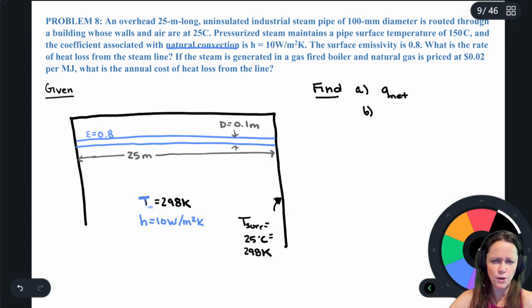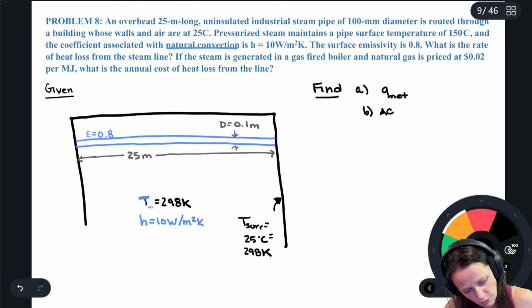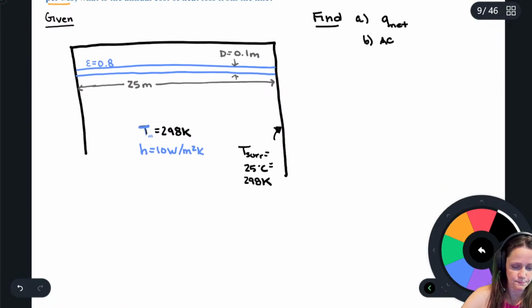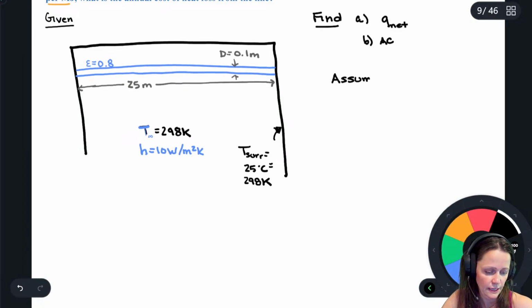Okay, and then I want to know what's the annual cost of the heat loss from the line. So I'm going to call this B, and I'll just underline some things here rather than writing it out. I'll throw an assumption on here, but we'll see if I need to assume anything.